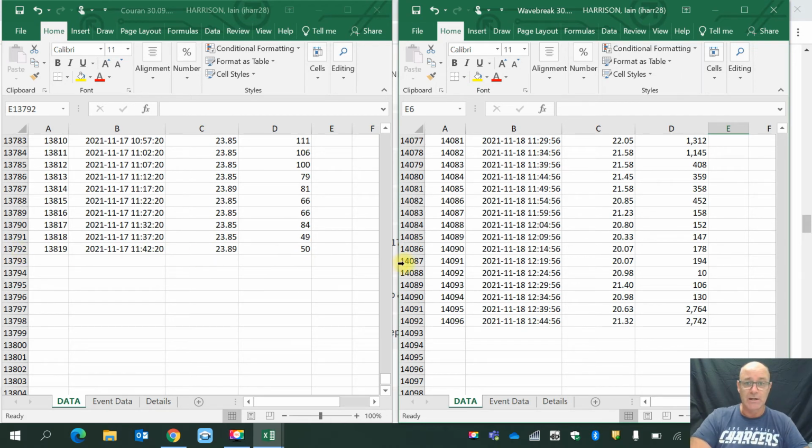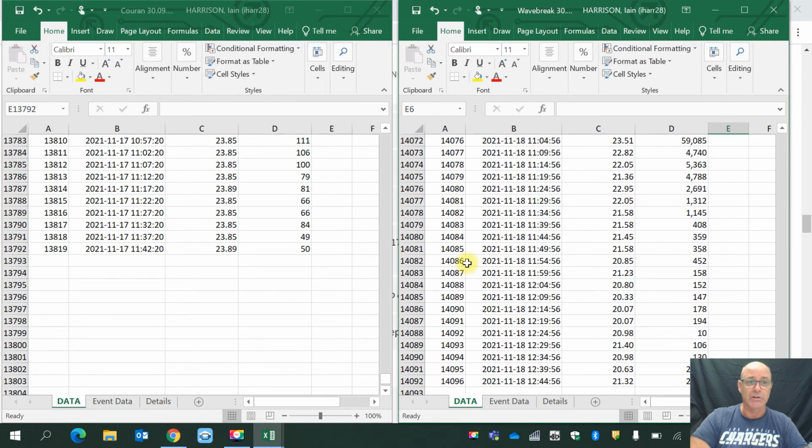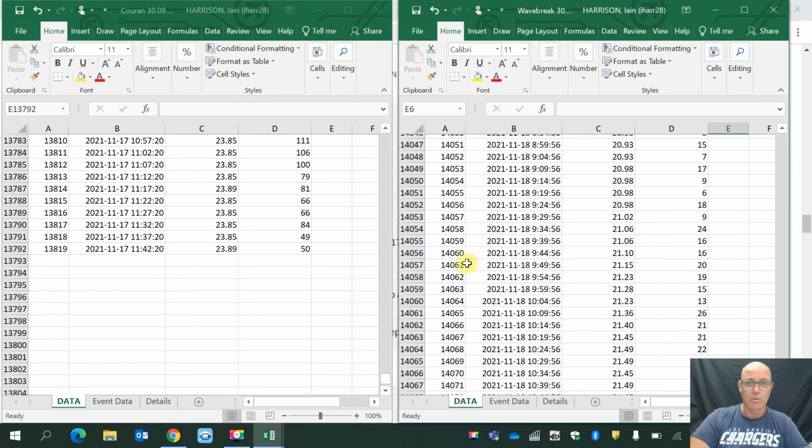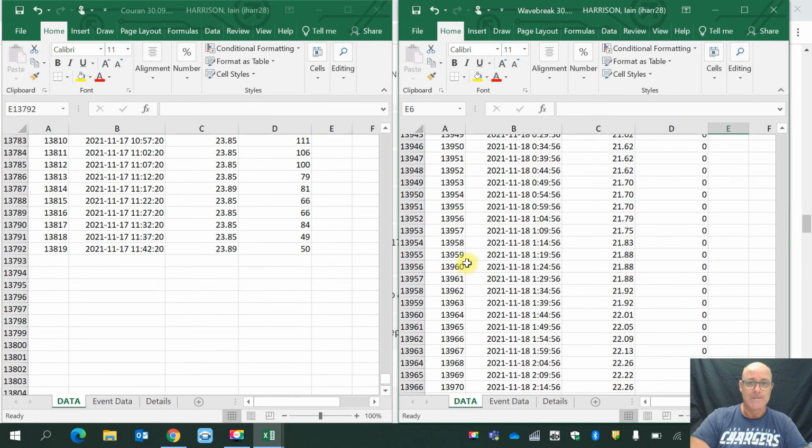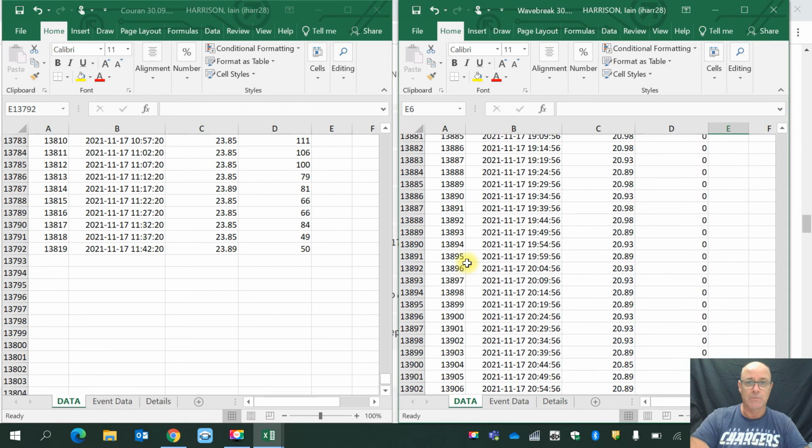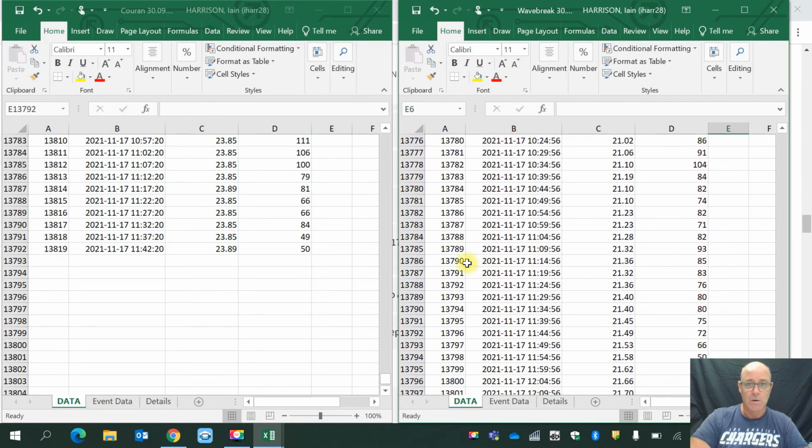What we can do is scroll up at Wavebreak Island until we see 13792.